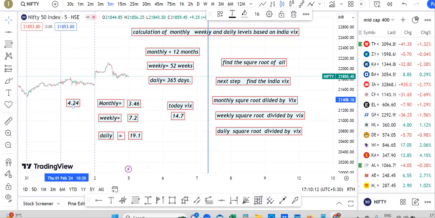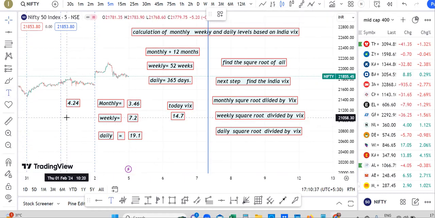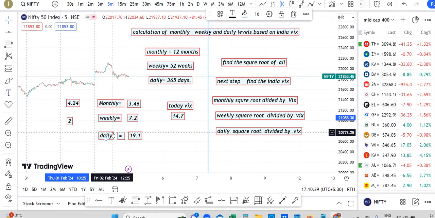Then next, I'm going to divide 14.7 divided by 7.2. I'm getting 2.04.